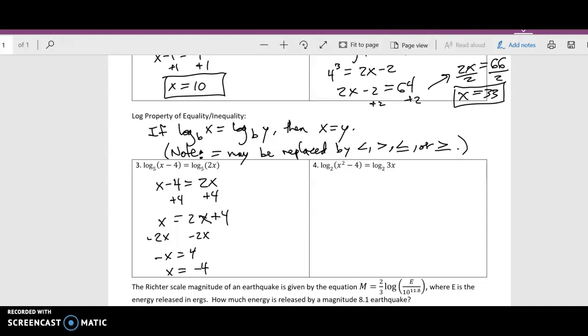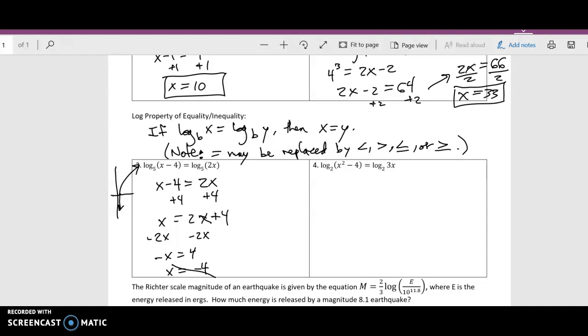Uh-oh. If we substitute, we kind of got to check this, right? We get x equals -4, but before I box it, I want to check. If I substitute -4 in here, I'm taking the log of a negative. If I substitute a -4 in here, I'm taking the log of a negative. Remember what this looked like. The graph of this thing does this, right? We can't have negatives, not as inputs.